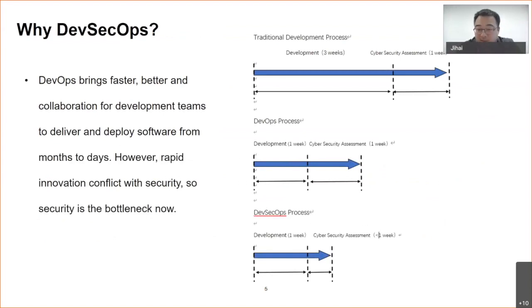If at this stage the cybersecurity team finds vulnerabilities, they need to return them to the developer to fix. Once the developer fixes the vulnerabilities, you have to go through the whole process again, like coding, build, testing, which results in additional cost.